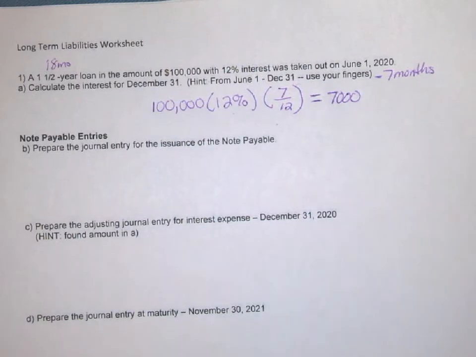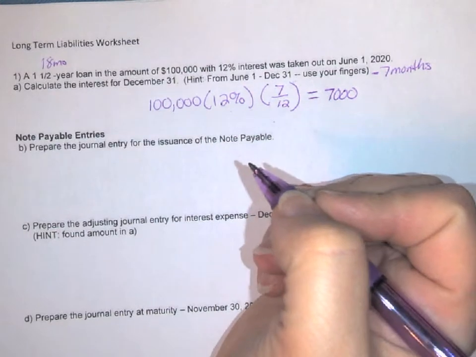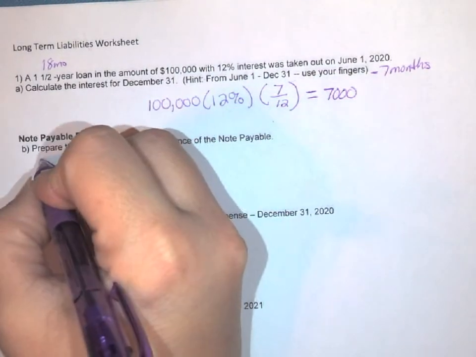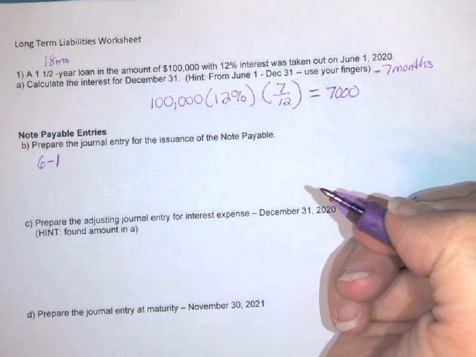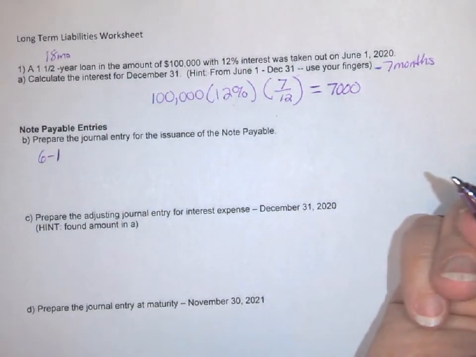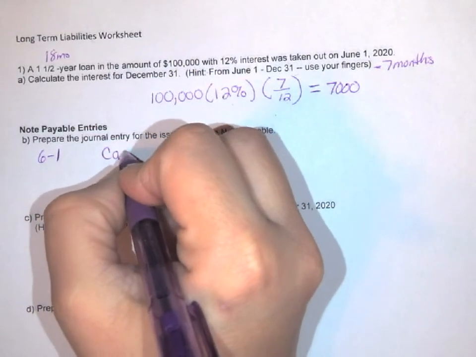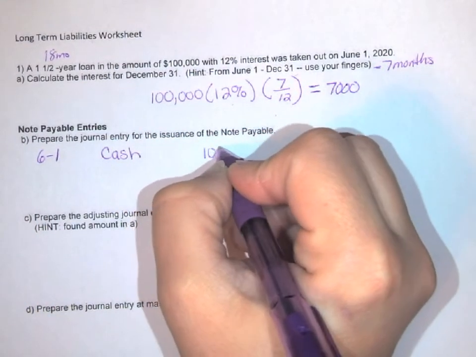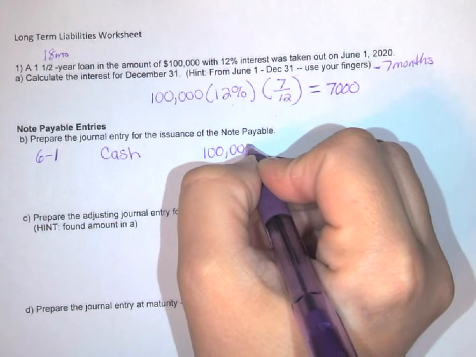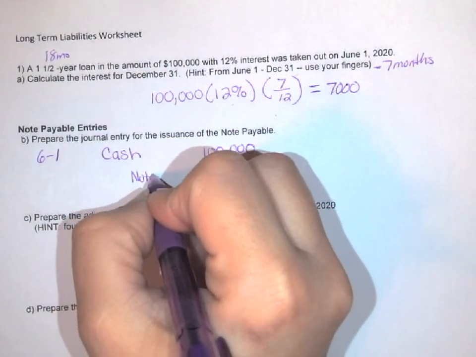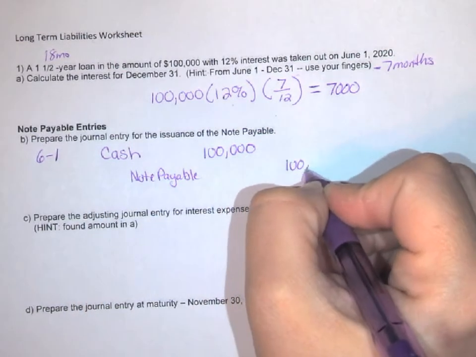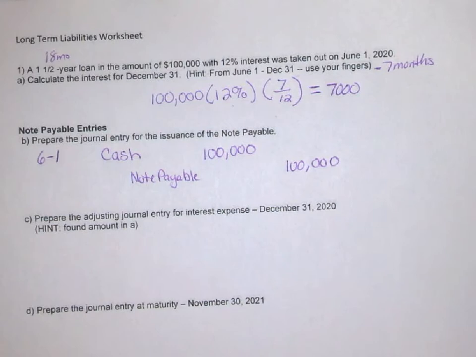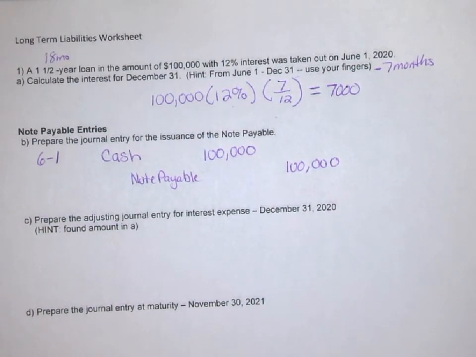And so what we would see in this case is that on June the 1st, when we actually take out this loan, we would have an entry where we would be receiving that cash of $100,000, and we would have a note payable for that $100,000.